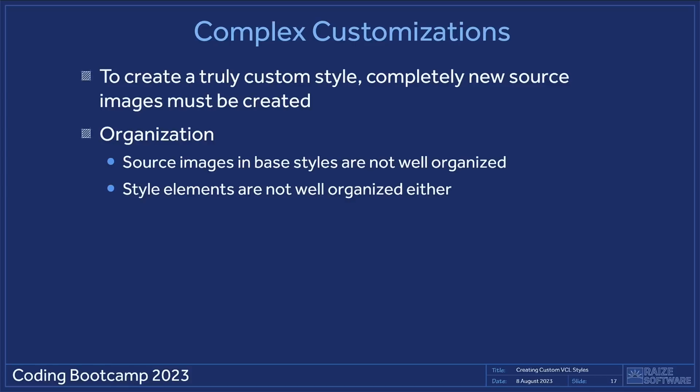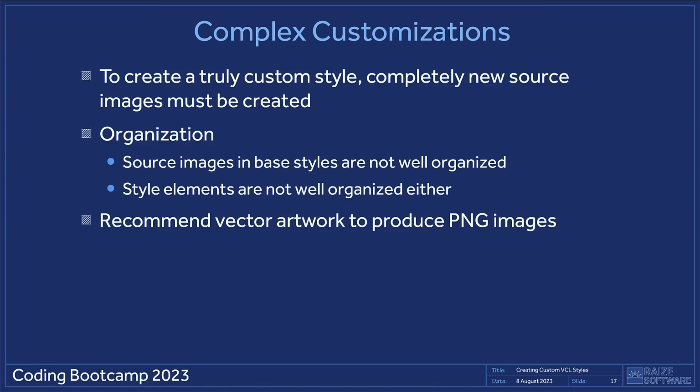But the key thing is you will want to spend some time thinking about your source material and organizing it in a way that makes sense. And that's one of the things that I've done with all the raised styles that you saw in the dialogue. There's source material for each color style, each theme, and they're all organized in the same way, so that when you go to change them or to customize which one, it's easier to set up.